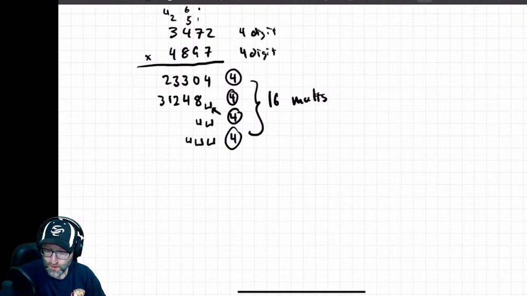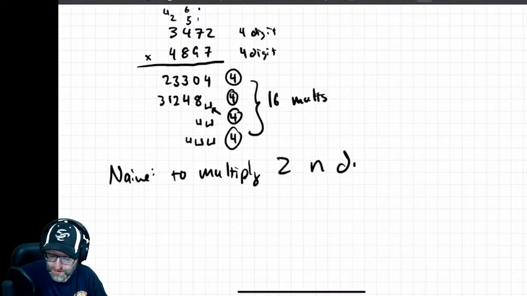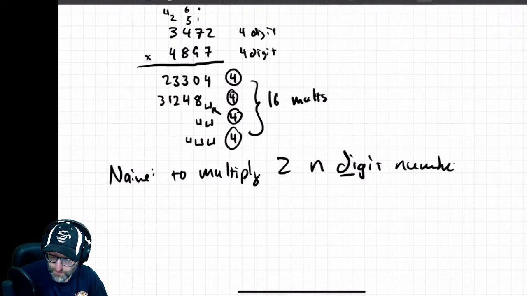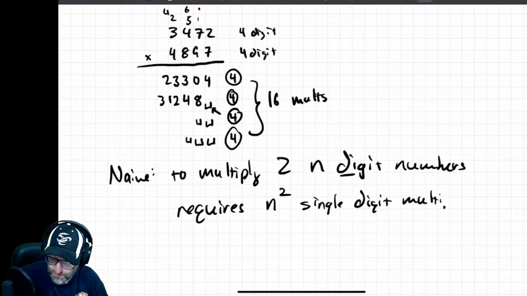All right. So if we were to generalize this, the naive approach, if we had to multiply two n-digit numbers, and I'm going to emphasize that we're talking base 10 for now, requires, hopefully you guessed it here, n squared single digit multiplications for the old grade school method.